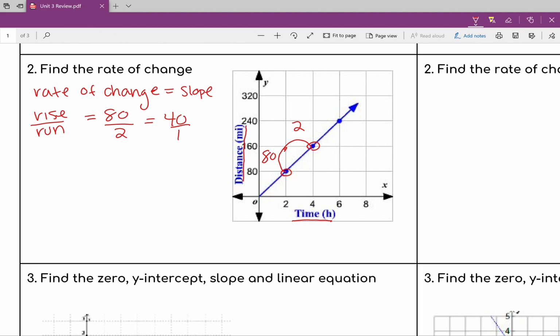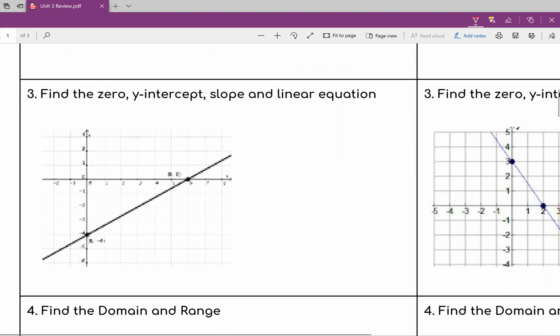So it goes 40 miles per 1 hour. Okay. So remember, same thing. We're talking about slope, but we just have to add those units in there. Okay, let's look at number 3.